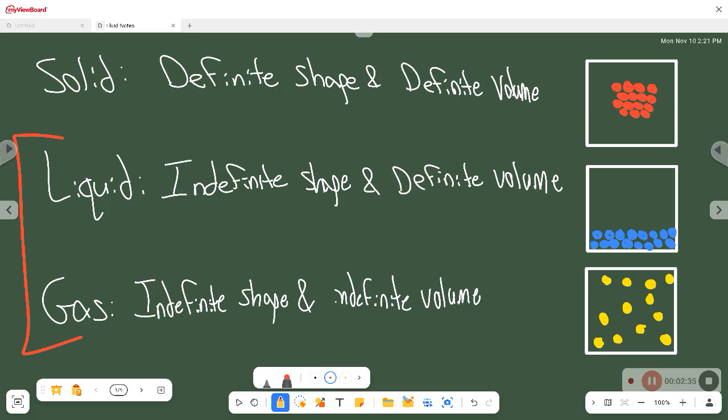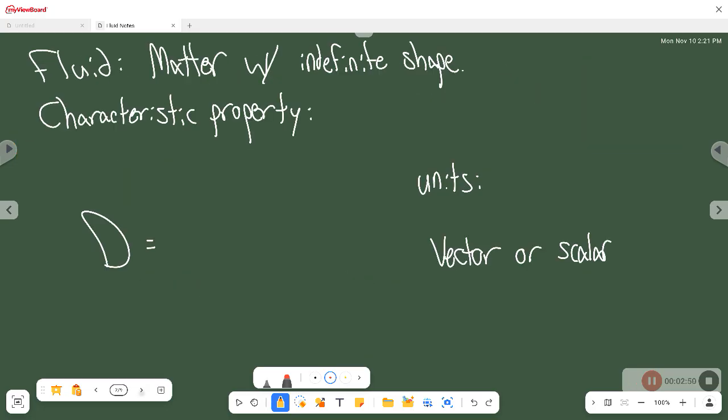So for the rest of this unit, we're going to be talking about fluids. Most of what I say will mostly be related to liquids. That's kind of our focus, but technically a lot of the things we talk about when it comes to fluids also apply to gases.